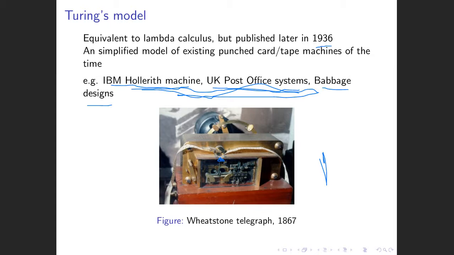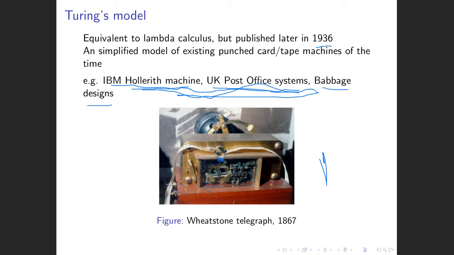Okay, it is intended to be a mathematical abstraction of those punch tape devices that already existed, and it isn't practical. If you ever tried to build this, it would be ridiculously slow and would do a lot of very silly things that are not required in practical computation at all. But if you want to do theory on it, as with Lambda calculus, it's a nice, simple abstraction of what the real machines actually do.